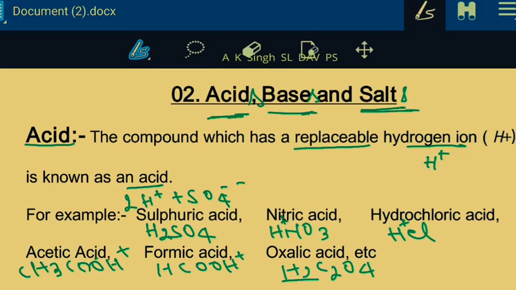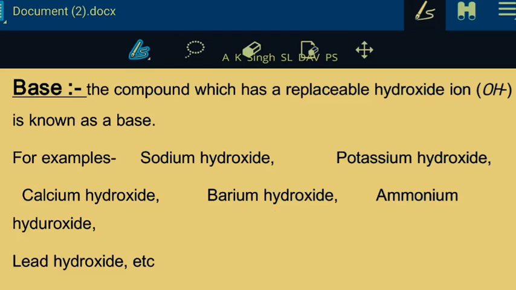And base. What is a base? The compound which has a replaceable hydroxide ion in place of a hydrogen ion is known as a base.